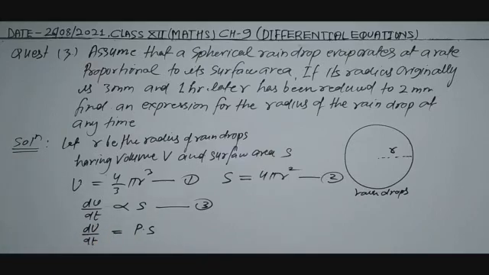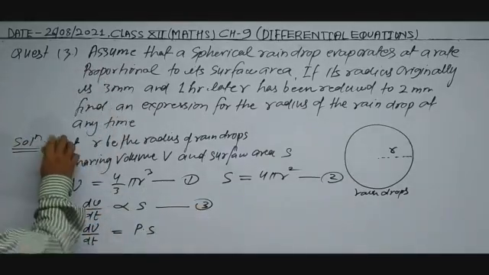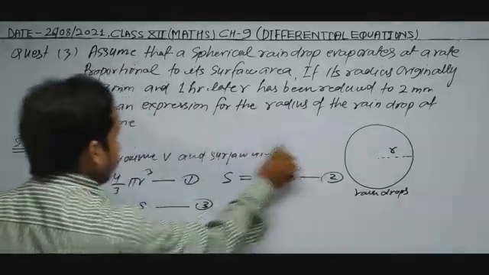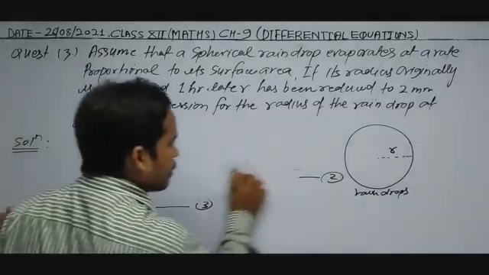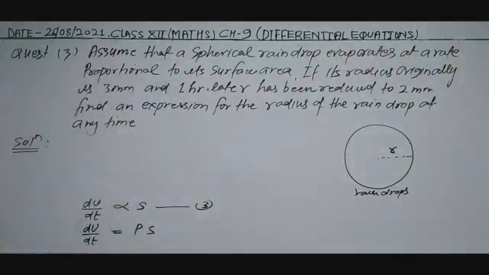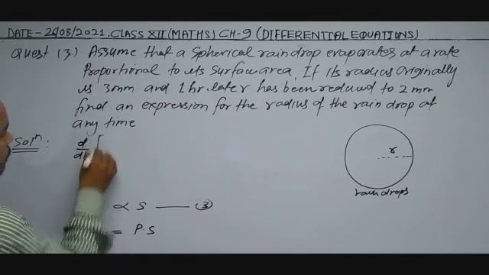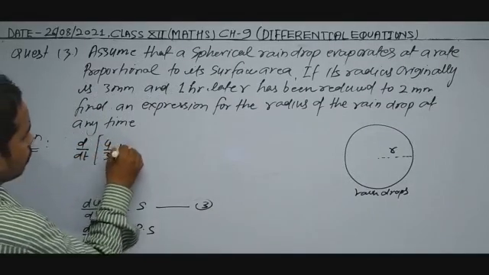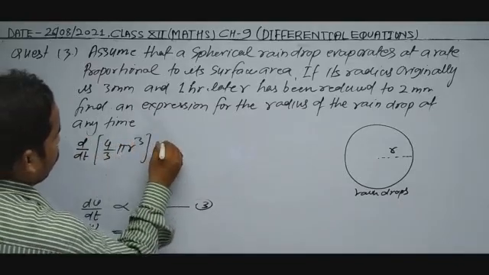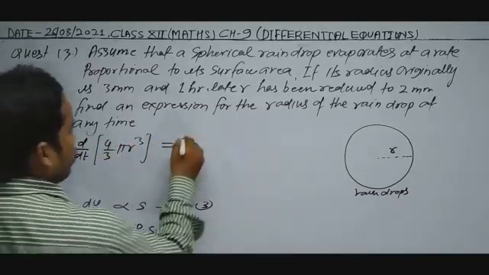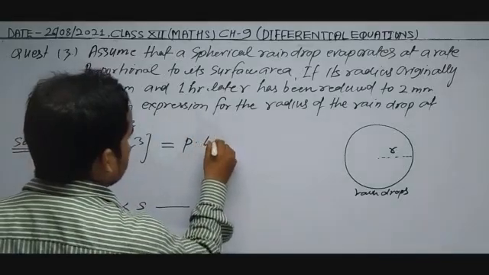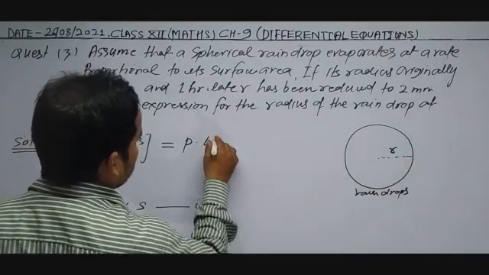Now see, I will put the volume formula and surface area formula here. d by dt of 4 by 3 pi r cube is equal to P times the surface area formula, 4 pi r square.